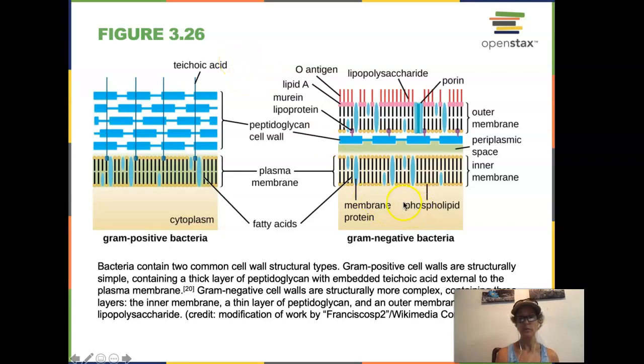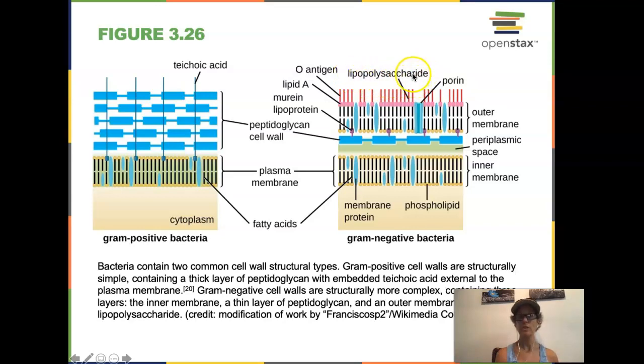In the gram-negatives, we still have the same kind of membrane, but we have only one little thin layer of the peptidoglycan. We have something called murein lipoprotein, and we have the lipopolysaccharide. So saccharide means sugar, polysaccharide means it's a complex sugar, and lipo means fat.